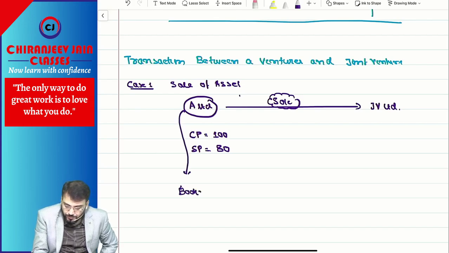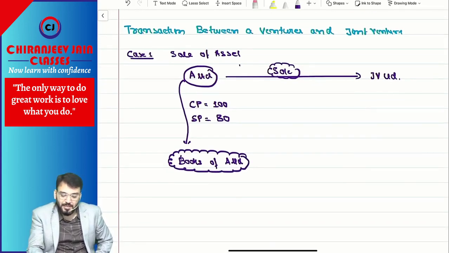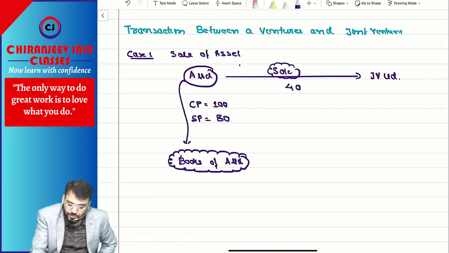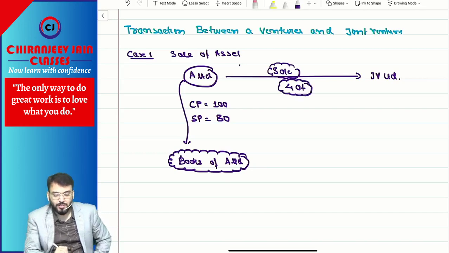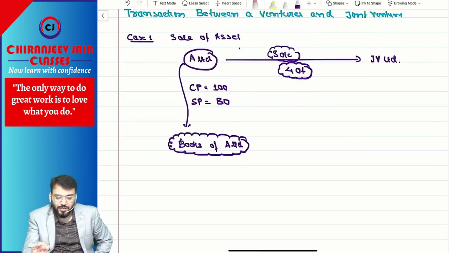Have you understood this point? Correct. And suppose this A Limited holds 40% in this joint venture. Just try to understand what they want to say.